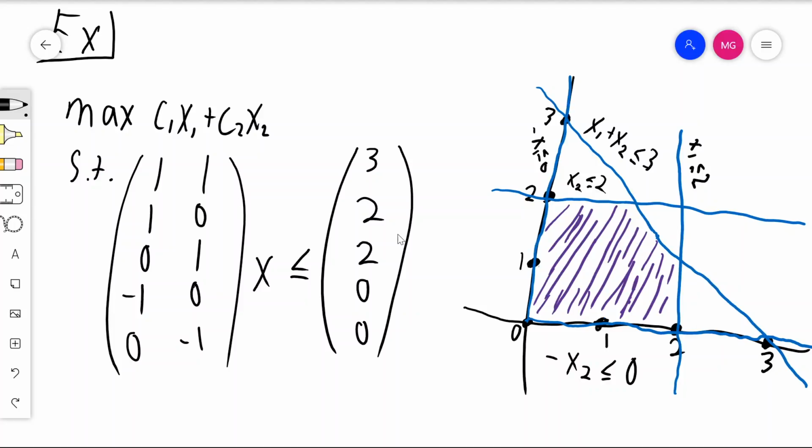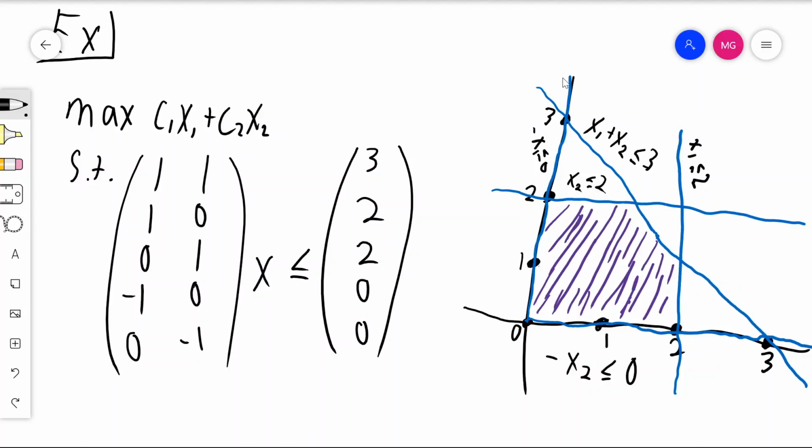And then similarly, for all of these constraints, there's an associated line here representing the equality constraint, and then for less than or equal to, you're just considering things above or below that line. I say above or below because you can't actually assume it's below, because for instance, this one is saying minus x1 is less than or equal to 0, or in other words, x1 is greater than or equal to 0.